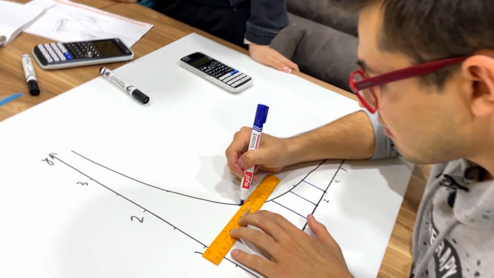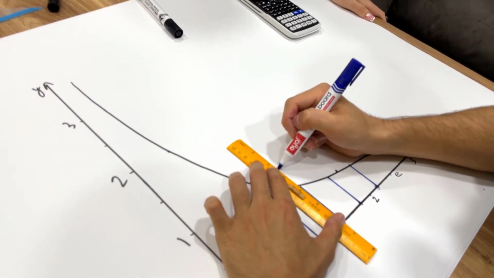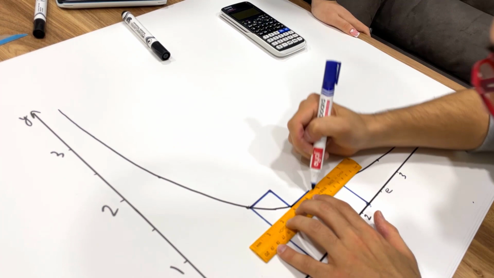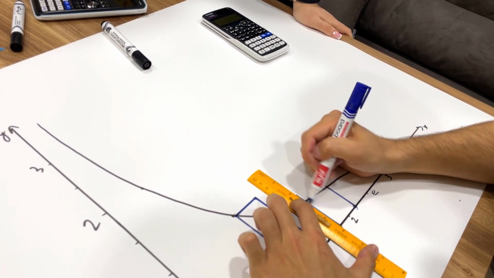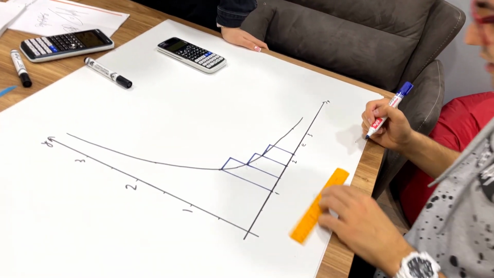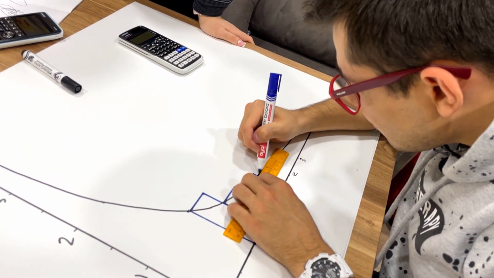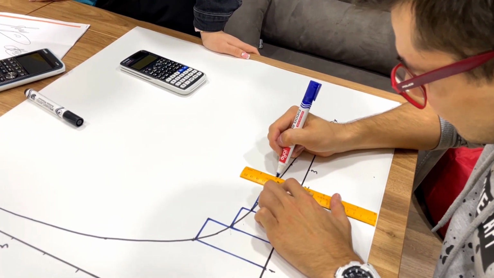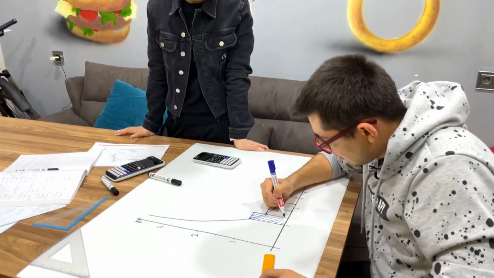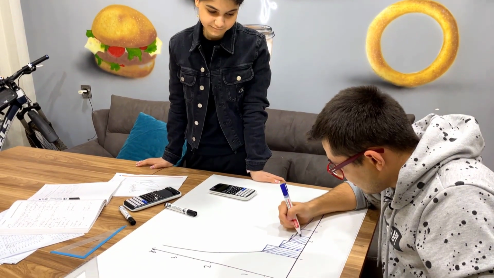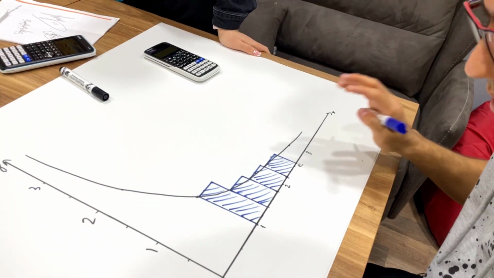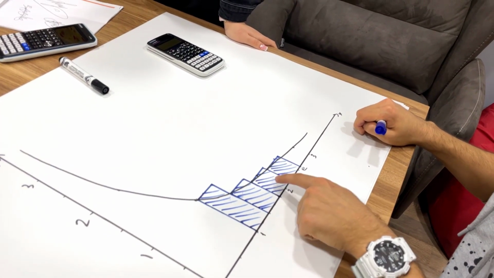That will be my first rectangle, then the second rectangle, the third rectangle, and finally the fourth. So we can assume that the area under the black curve is approximately equal to the sum of the areas of these four rectangles.